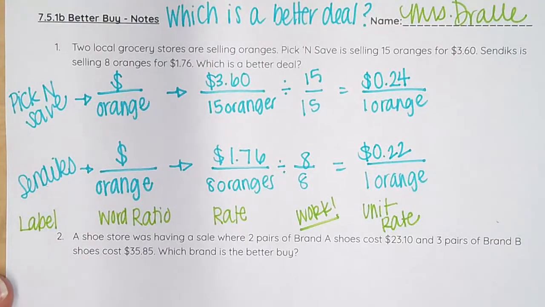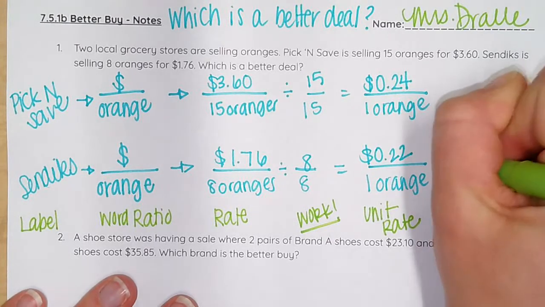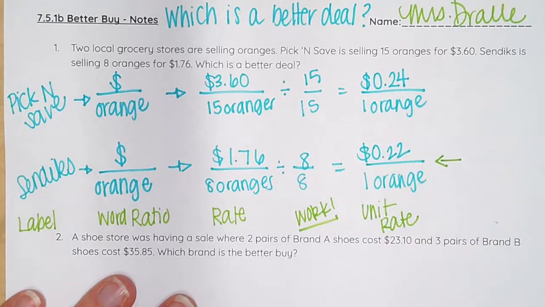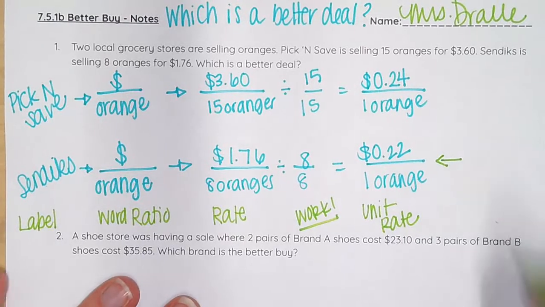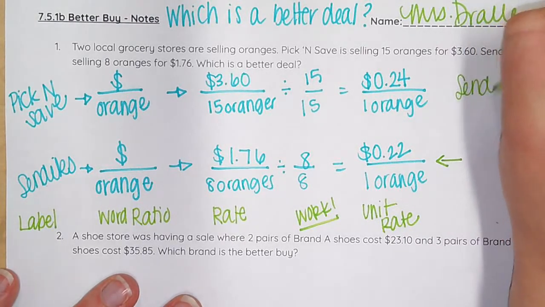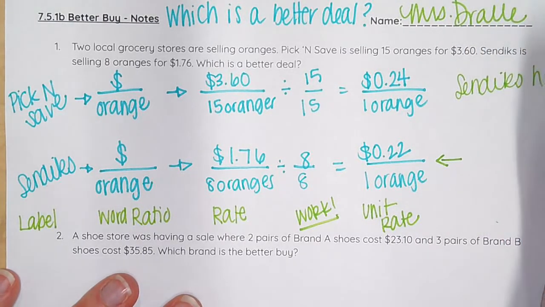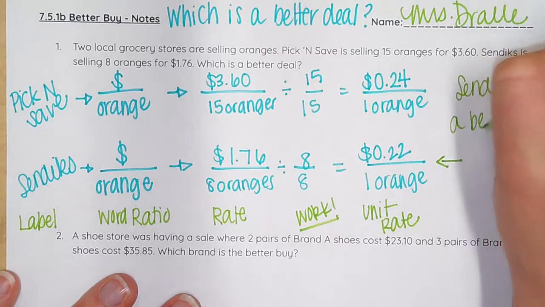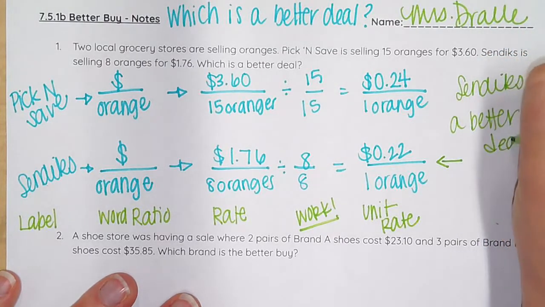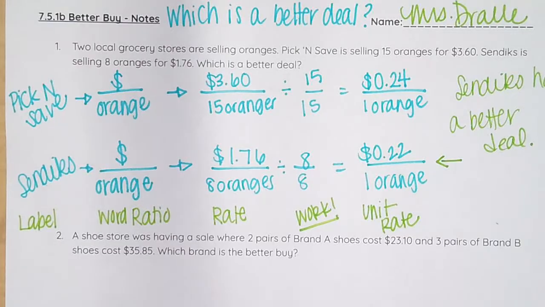So now I ask myself, okay, which one is a better deal? Which one has a cheaper price? Sendix costs 22 cents, which is 2 cents more. So I would say Sendix has a better deal. And that's that.